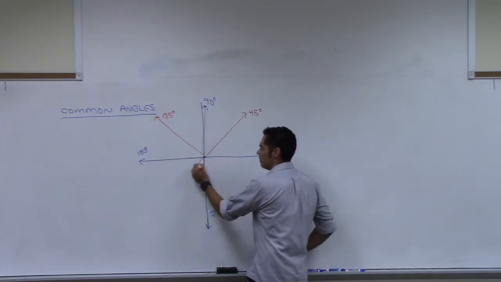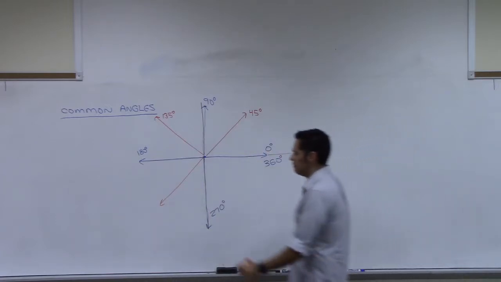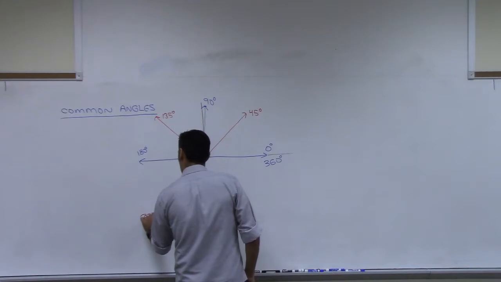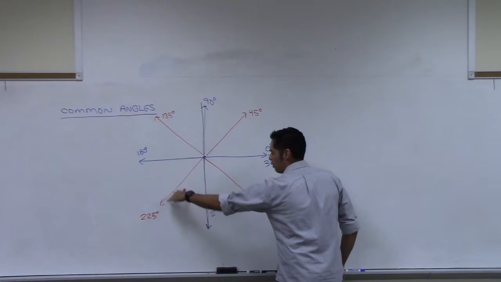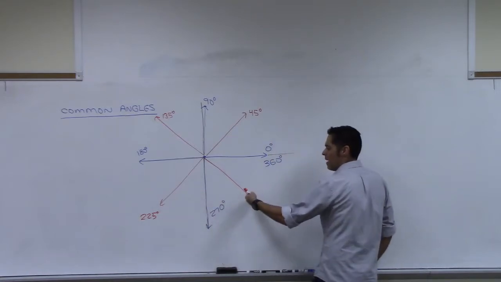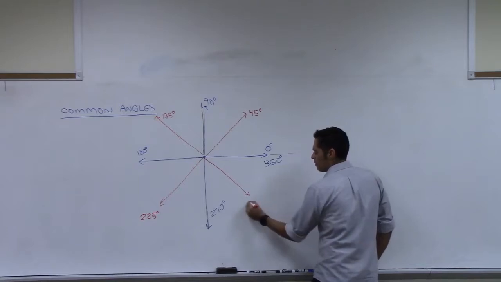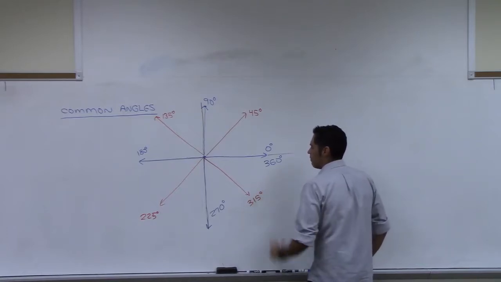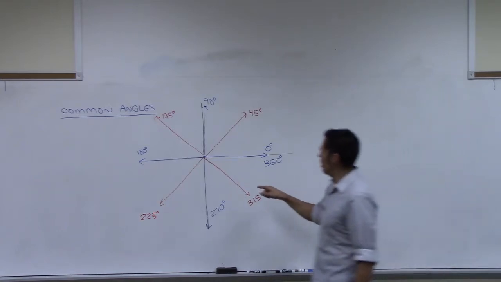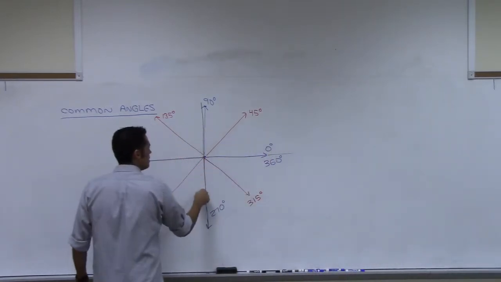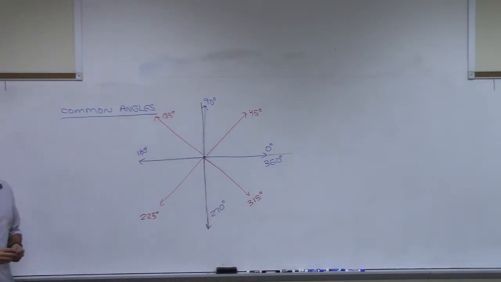What would I get down here if I add 45 there? 225. And then finally, over here, if we add 45, we're back to 270. And then back over here, we're at what? 315. And then add another 45, we're at 360. So now we had 4 blue ones, and now we have 4 red ones. So we're up to 8 common angles.